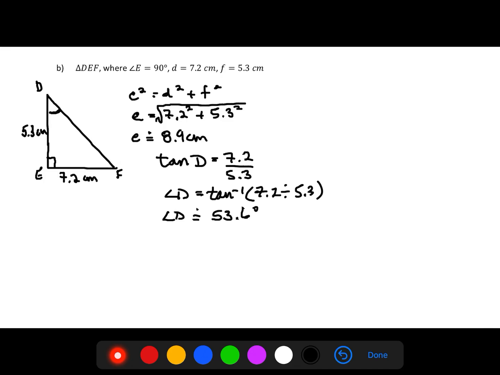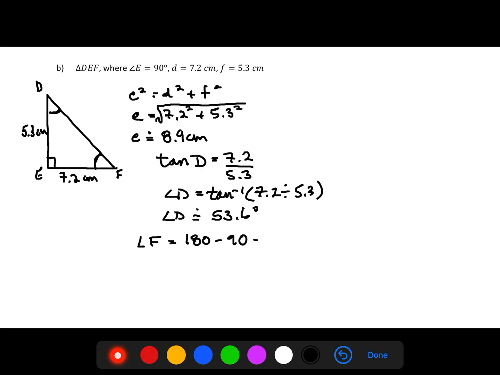And when we do that, keeping to one decimal place still, we know that angle D is equal to approximately 53.6 degrees. Now, we could also use tan to find angle F. It would just be the reverse, that our opposite would now be 5.3, our adjacent would be 7.2.